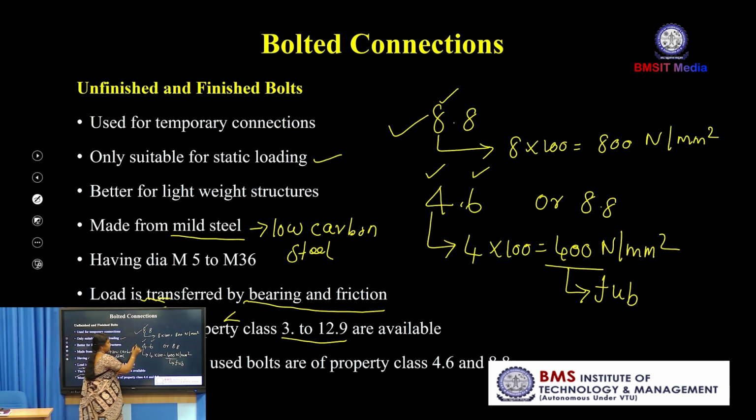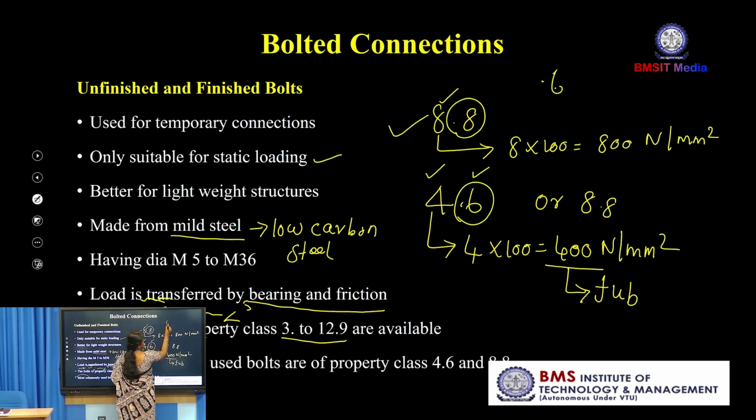So what is this 0.8 and this 0.6? The 0.6 equals the ratio between the yield strength of the bolt, FYB, divided by the ultimate tensile strength of the bolt, FUB.